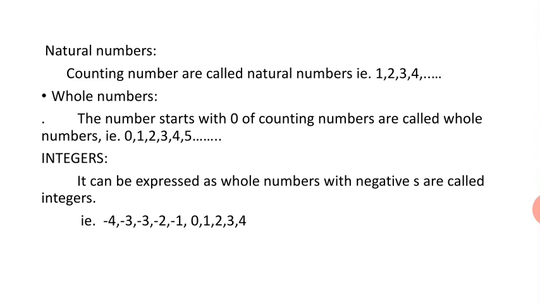Next, integers. An integer is nothing but numbers that exist as positive and negative. Positive exists on the right-hand side, negative on the left-hand side. It can be expressed as whole numbers, which start with 0 and the counting numbers, together with the negatives, are called integers.